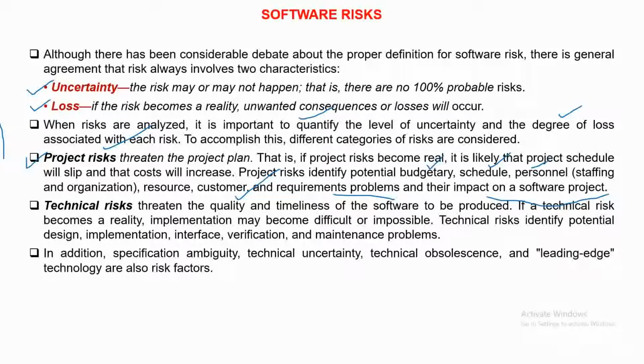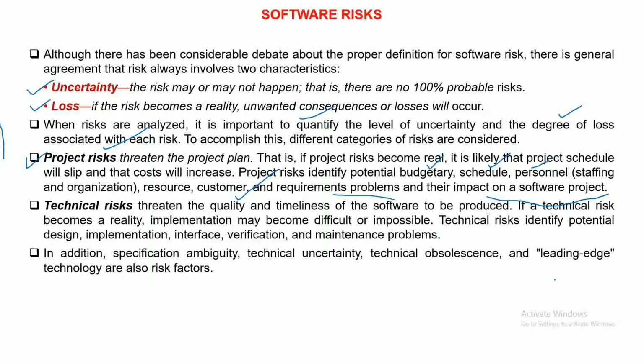Technical risk. Technical risk, basically it is related with the quality and timeliness of the software to be produced. If the factors which are considered in this technical risk category become reality, then overall quality of the software gets degraded.